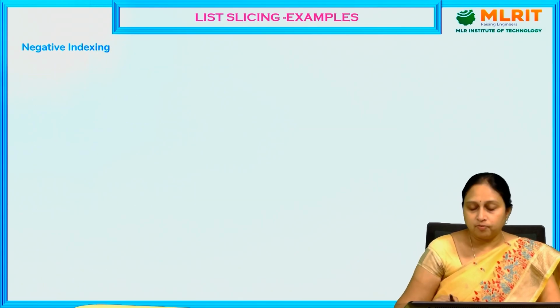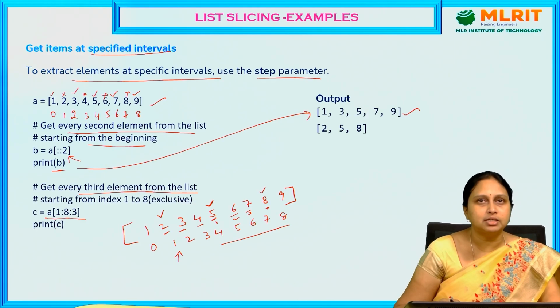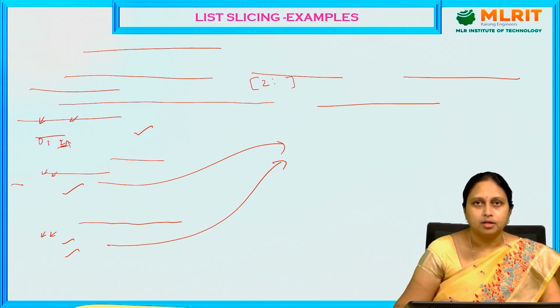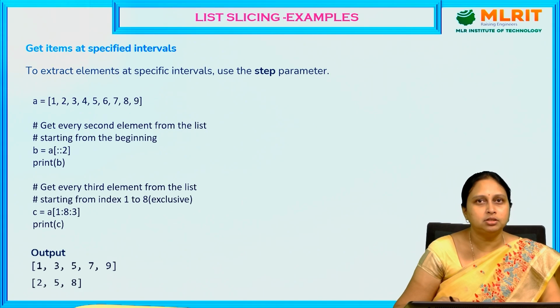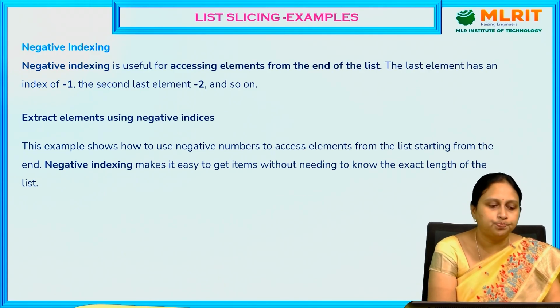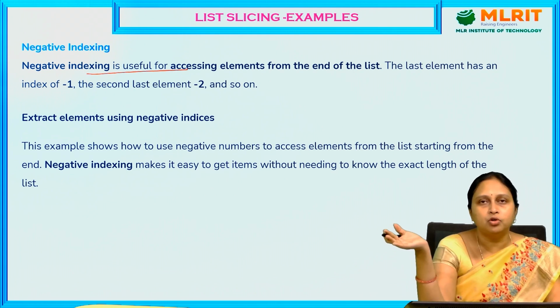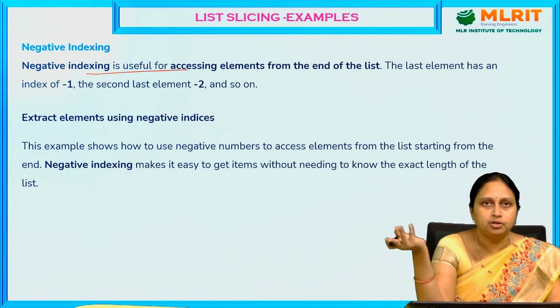And the next one we are going to have is negative indexing. As we have seen in the previous example, how we move backward in the list, right? Negative indexing means in the list, if I want to move from the backward to the starting, we use negative indexing.